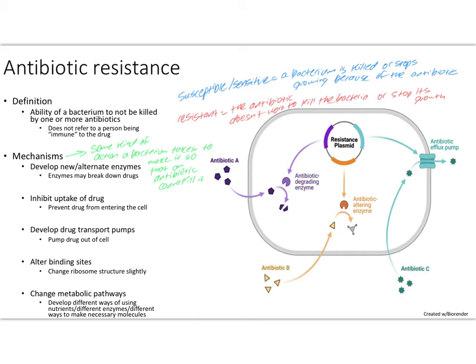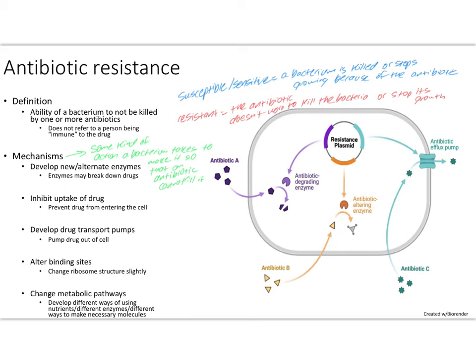So this is our bacteria here, and it has a plasmid that has traits on it for antibiotic resistance. One of the genes that this plasmid has codes for an enzyme that will break down antibiotics. So if this bacterium starts out its life and doesn't have this plasmid, antibiotics are going to work to kill it.